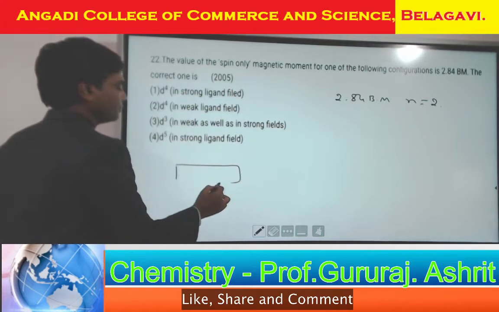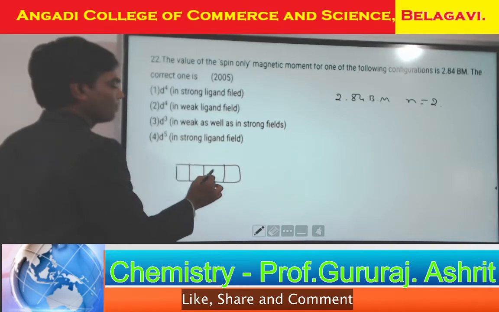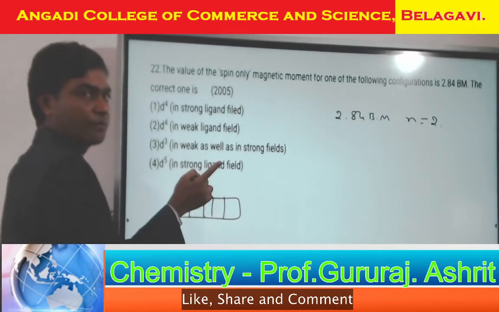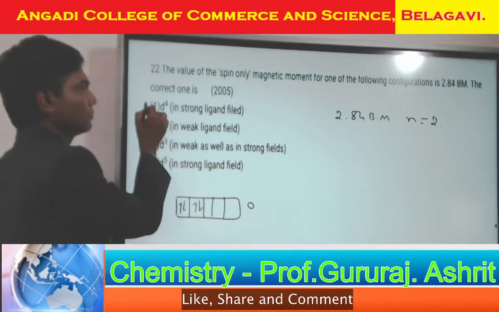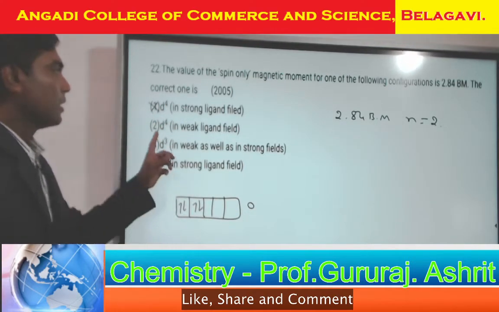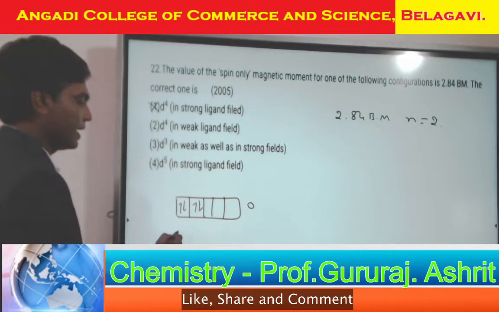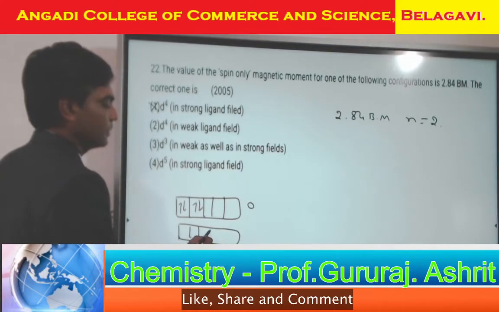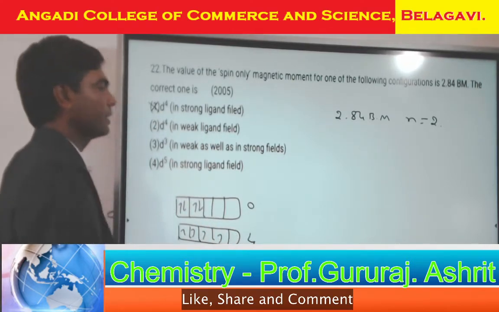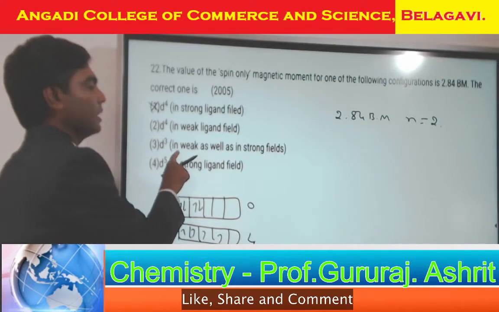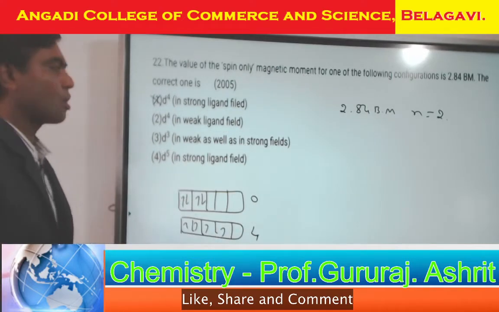d4 in strong field: we told the electrons pair up, so the unpaired count is 0. Answer is wrong. d4 in weak field ligand: 1, 2, 3, 4. Weak field means they will not pair up, so 4 unpaired electrons. d3 in weak as well as in strong fields.